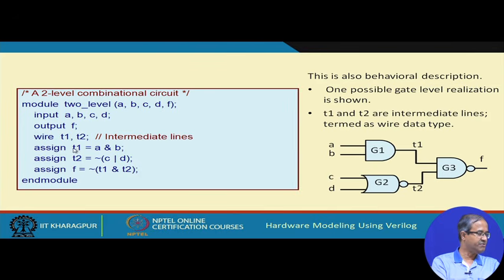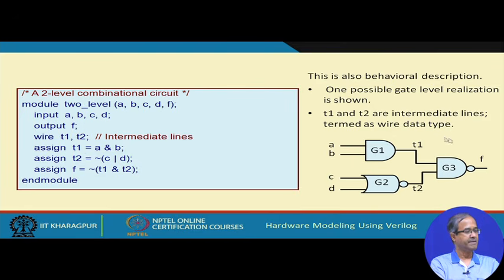This T1 we have used here, on the right hand side. T2 we have assigned, T2 we have used on the right hand side. So, these intermediate wires T1 and T2 are serving the purpose of connecting these 3 gate outputs T1, T2 and finally this F.